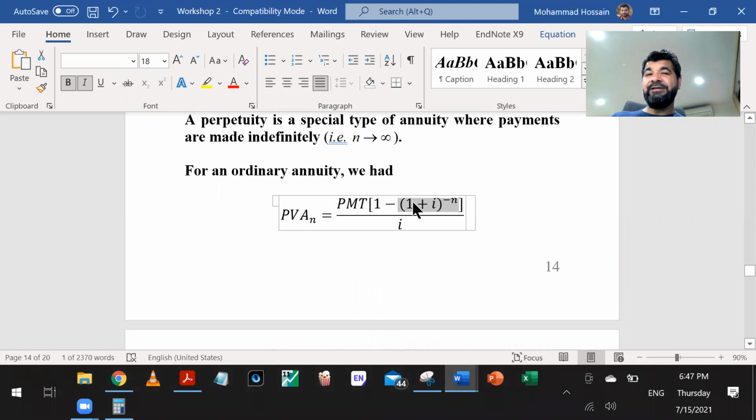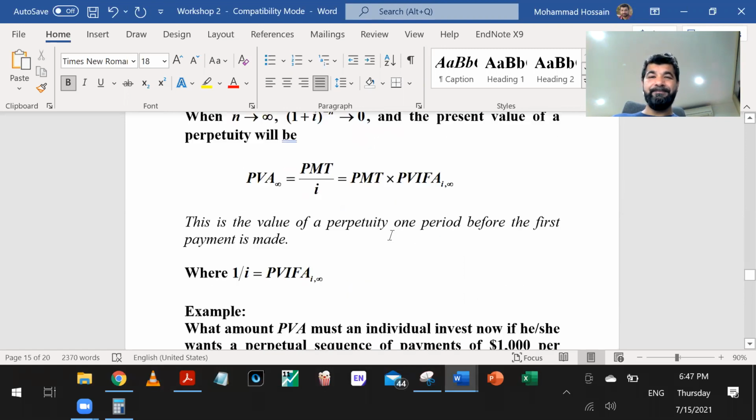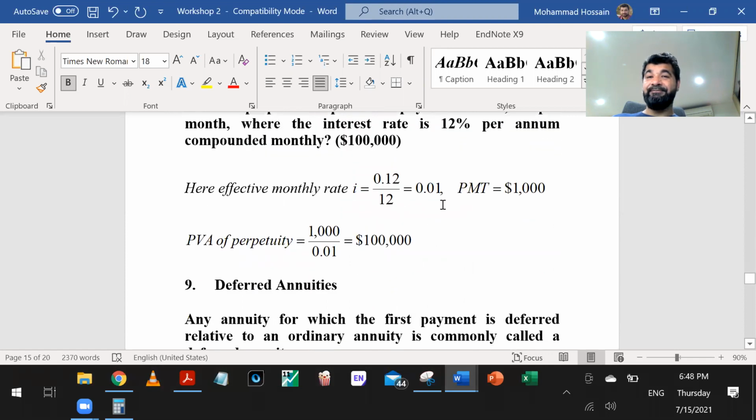So this figure is 0, and 1 minus 0 is equal to 1. So payment divided by i. That's the formula for a perpetuity, the easiest one. That's what we did: payment times 1 minus (1 + i) to the power minus n, which is equal to 0.